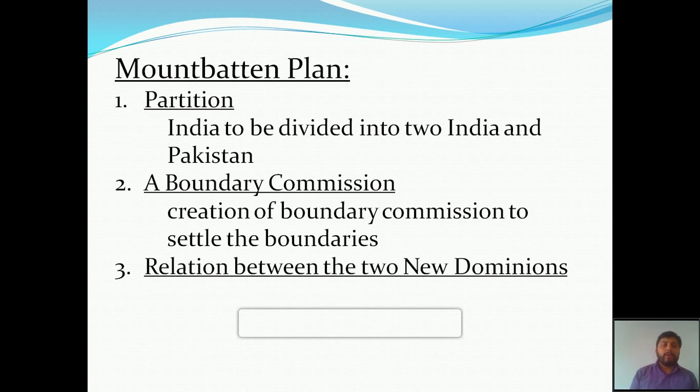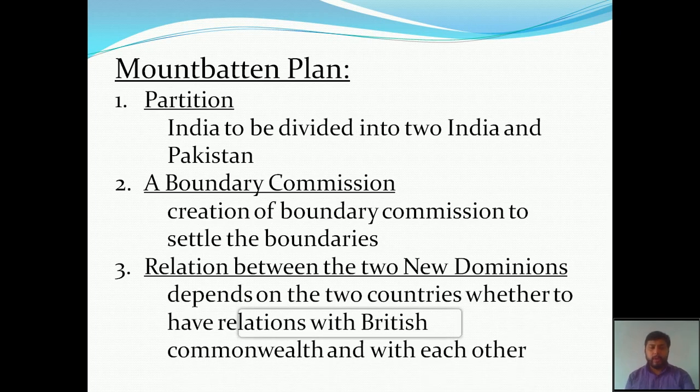And the third provision according to the Mountbatten plan was the relation between the 2 new dominions, which means both the dominions, India and Pakistan, have got all the freedom to take a decision whether they want to continue with their relation with the British Commonwealth.